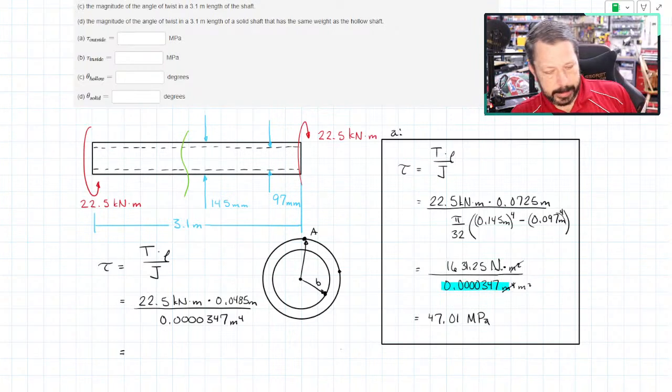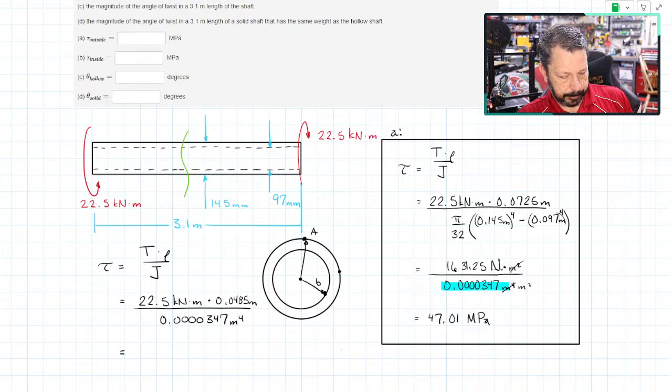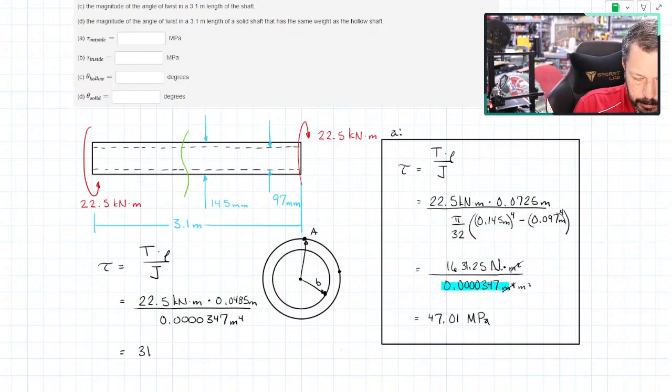So let's see what number we get here. 22.5, that's kilonewtons, so times 1,000, times 0.0485, divided by 0.1234 zeros 347, and I get 31 point, let's do 45 megapascals.